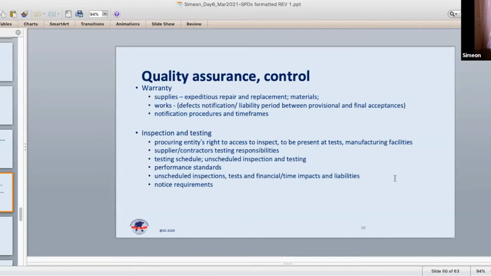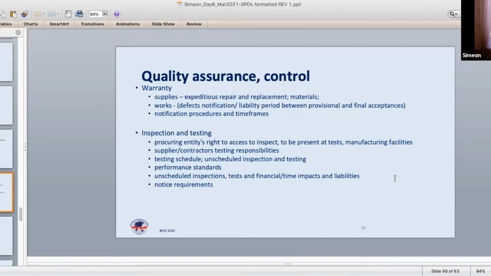So if the procuring entity notices that there's a problem in the contract performance, it should promptly, in accordance with the timeline that's established in the contract, notify its contractual counterpart that there's this problem, it needs to be fixed. Because if that notification doesn't take place, that may impair the right of the procuring entity to exercise the warranty obligations of the seller or the contractor.